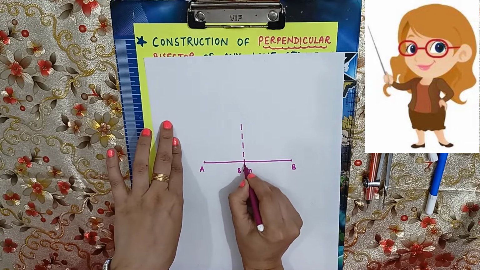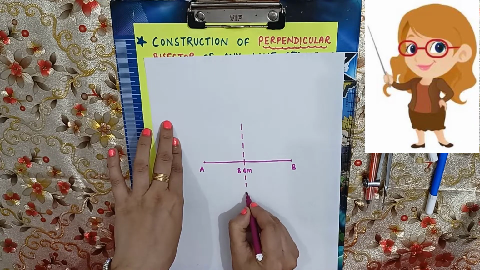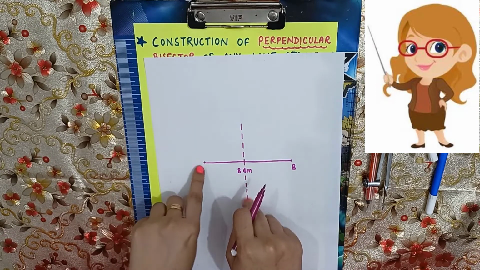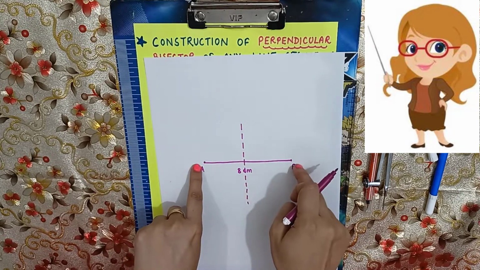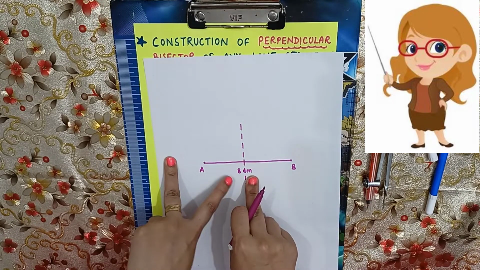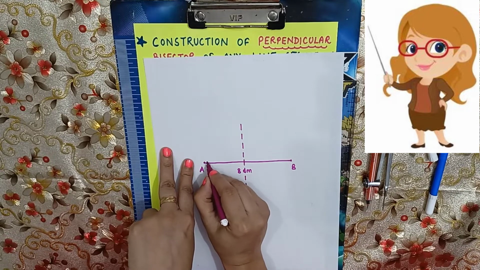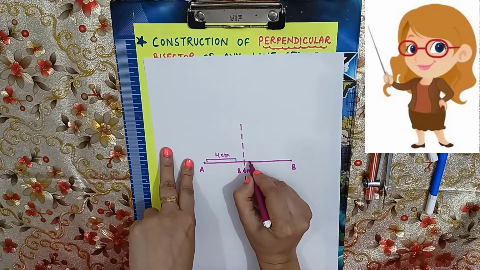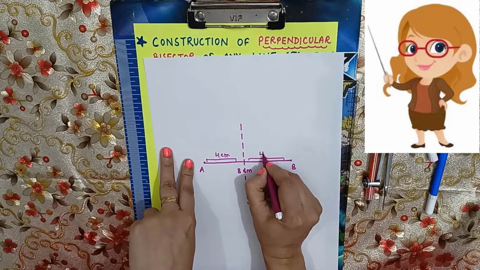This will be the perpendicular bisector of this given line segment. This means it will divide this given line segment in two equal parts. So the half of 8 centimeter will be 4 centimeter. Now this length will be 4 centimeter and this will also be 4 centimeter.